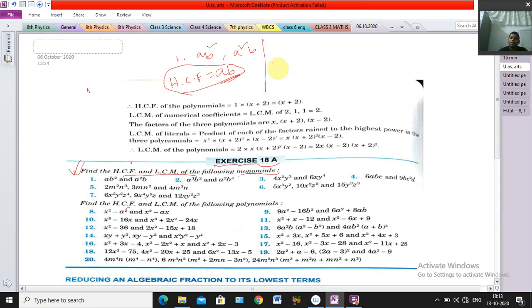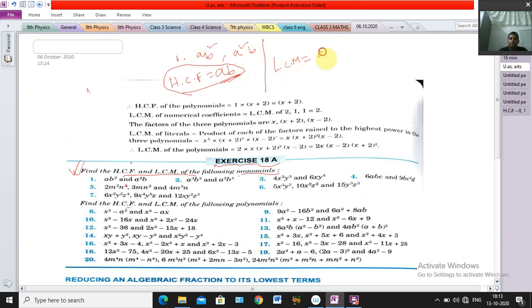if we find the LCM of this same question, what will come, sir? First see here A and A square.